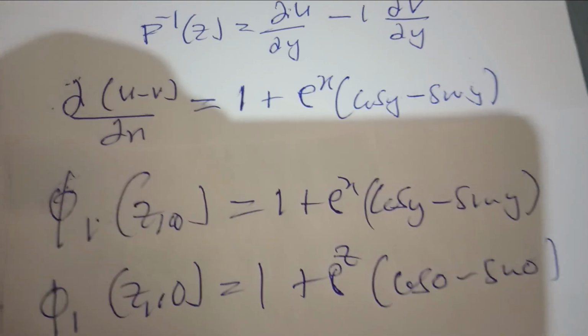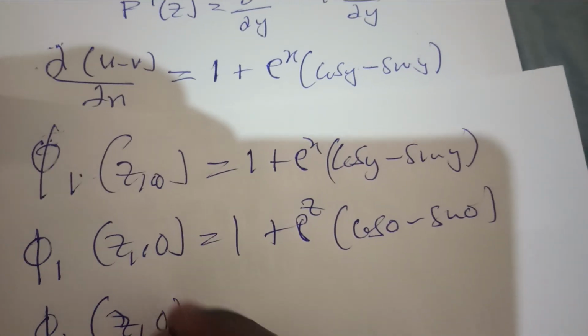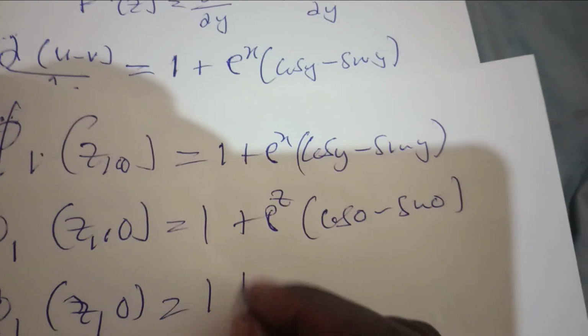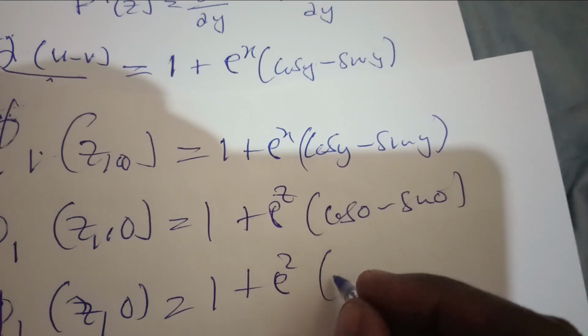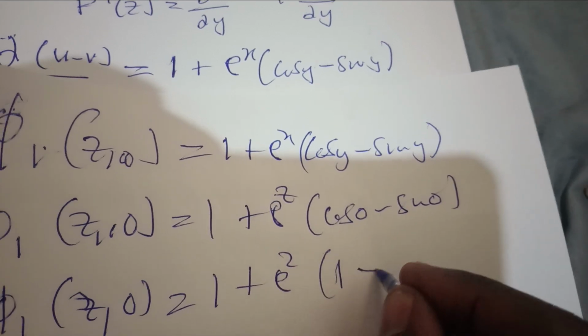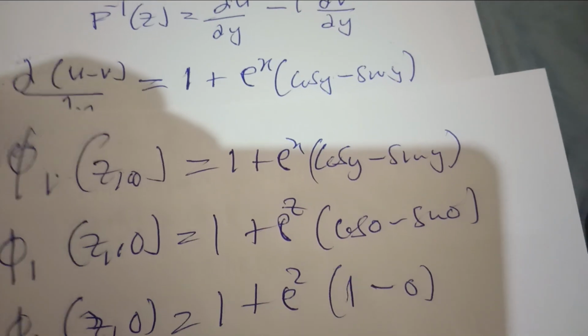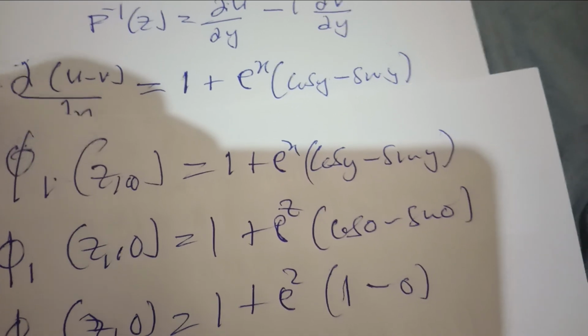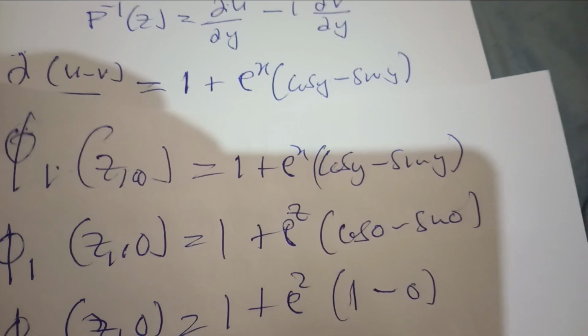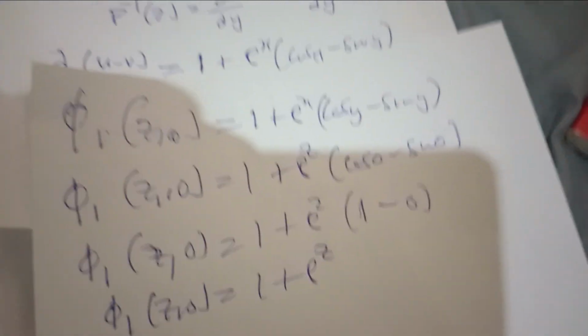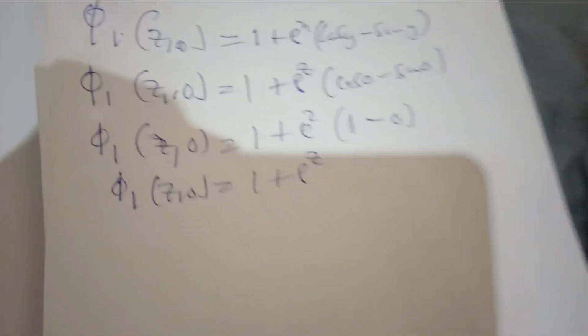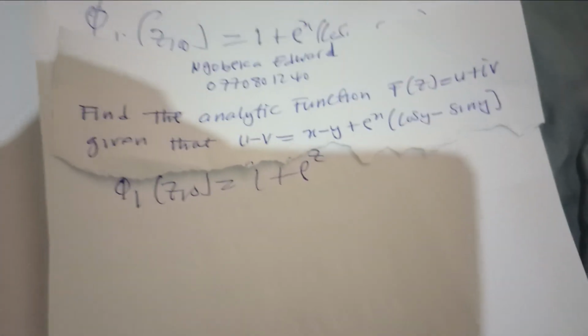So you have 1 plus e to the power z, open bracket, here it is 1 and here it is 0, is equal to 1 plus e to the power z. So this is our partial derivative with respect to x. Now our second step is to find the partial derivative with respect to y.